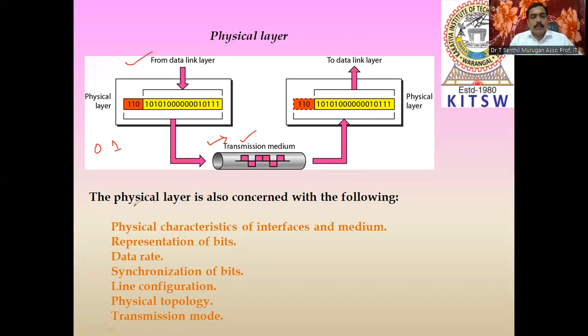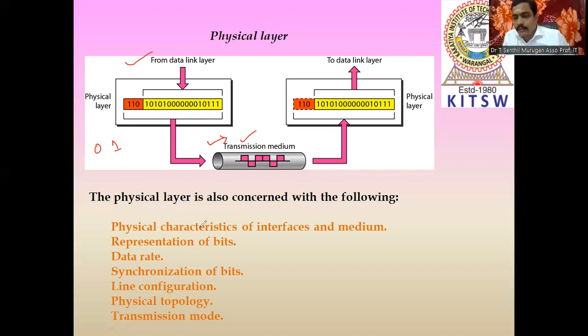Now the physical layer is also concerned with the following. The first one is the physical characteristics of interfaces and medium. It means the physical characteristics of the interfaces used between the data link layer and the physical layer.